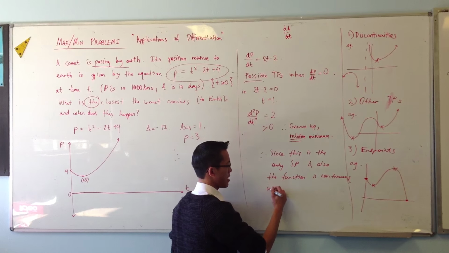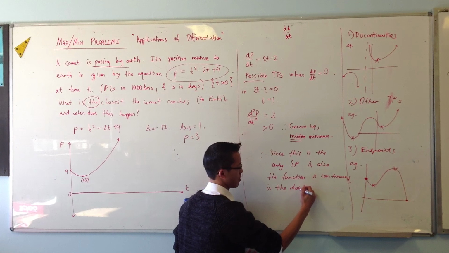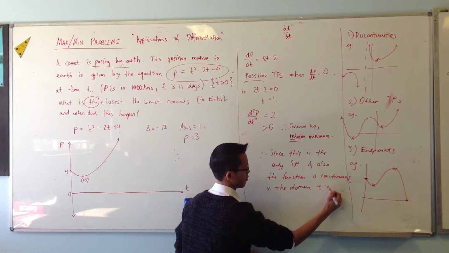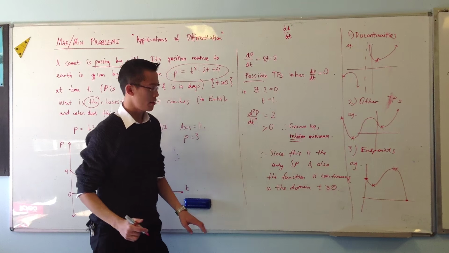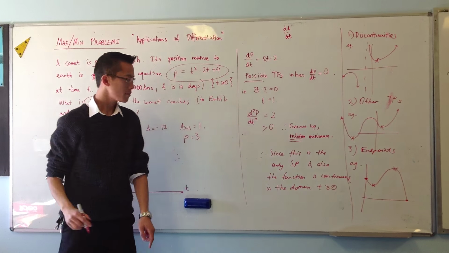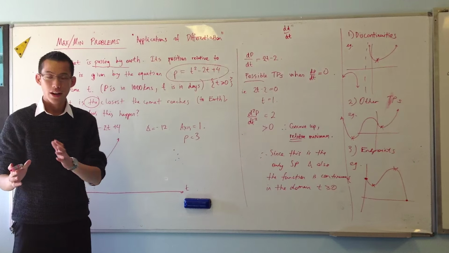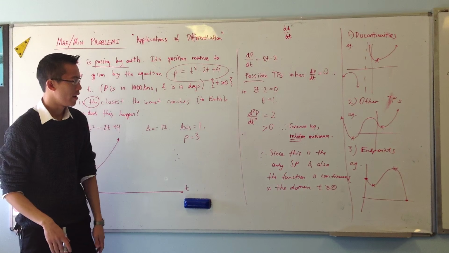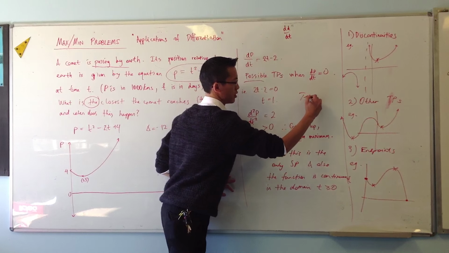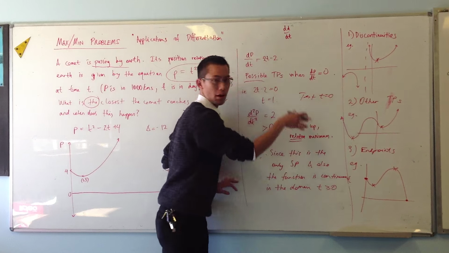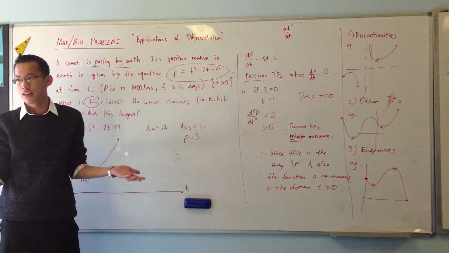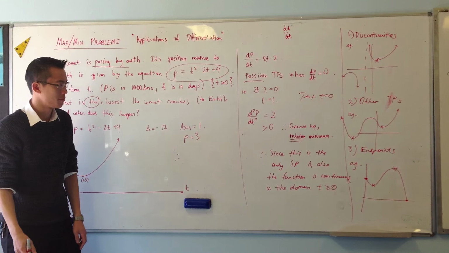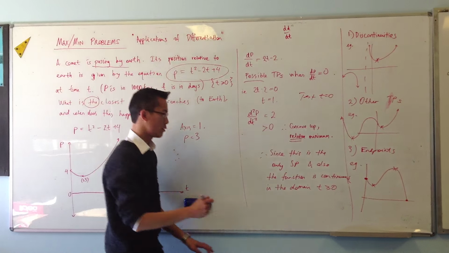Well, I'd have to say in the domain, t is greater than or equal to 0. Sorry, that's not a full stop. I'm still going. So I'm going to have to say, look, I've covered these endpoints. I've actually considered them. And I really should have tested t equals 0 up above here so that I could verify that it actually isn't a value that I'm interested in.